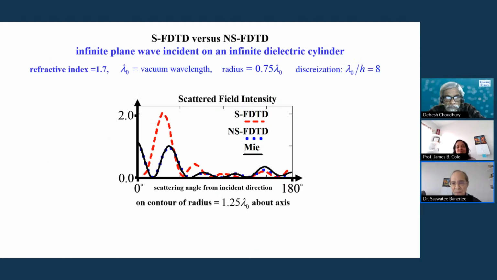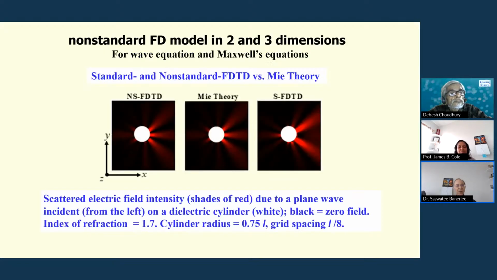Okay, now I'd like to discuss the difference between standard and non-standard FDTD and the accuracy. There's something called Mie scattering, M-I-E. This is named after a person, and this theory was published in the early 20th century.